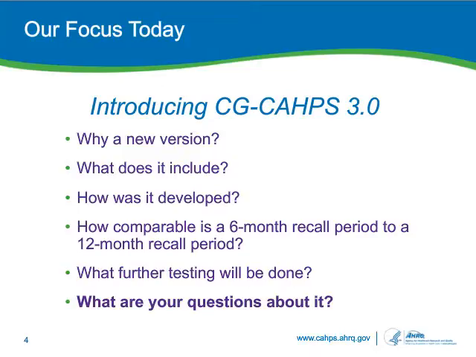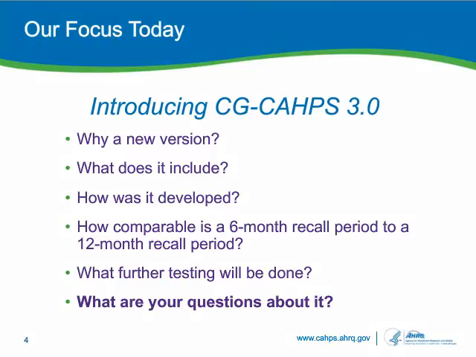We also want to talk about how the new 3.0 version differs from the previous 2.0 version, and some of the testing that has been done to compare how a 6-month recall period, which will be used in the new 3.0 version, performs relative to the 12-month recall period that was part of 2.0. We also will describe some additional testing that's currently underway and planned for the 3.0 version. But most importantly, we want to hear questions that you may have, and we'll do our best to answer them.